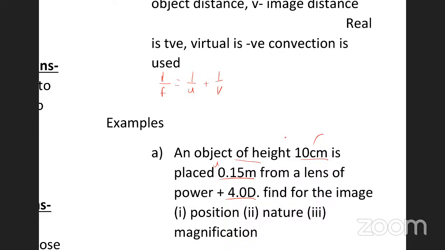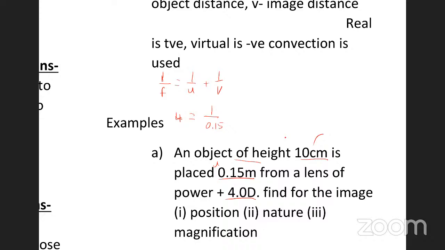So the power is 1 on F. So we know that 4 is 1 on F. The object distance is 1 over 0.125. Once you're working with power, you have to work in meters.